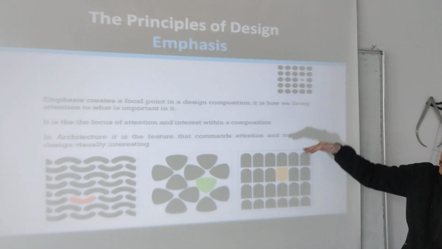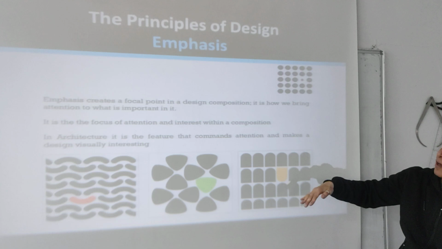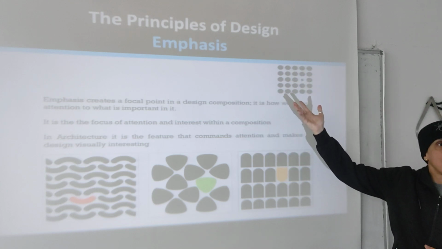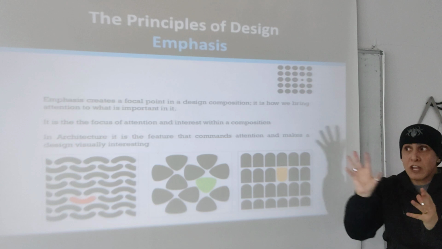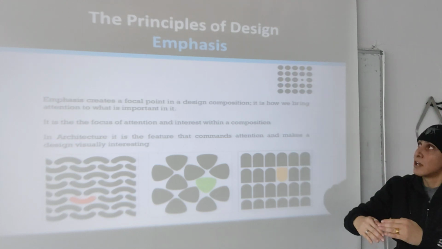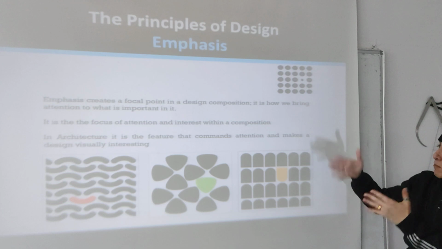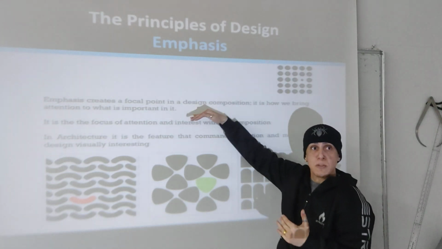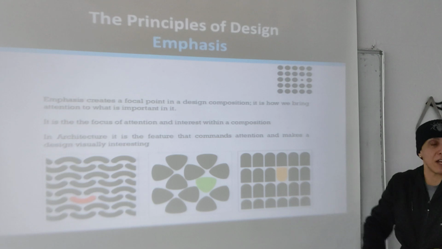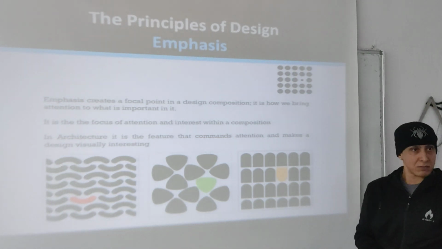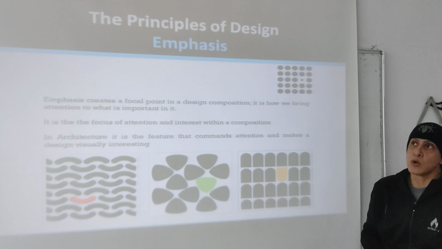Maybe this is a very important point. Usually when we have a composition and we have images, illustrations, text, we want to draw attention to a particular area first and then another area. So for example here the important one is first the title. The title, then we have something else and something else. So there must be a hierarchy of importance.